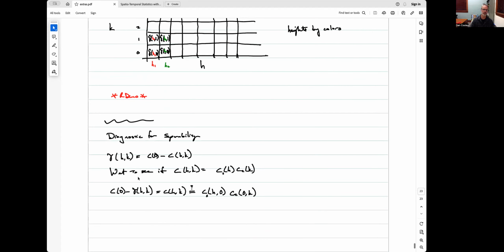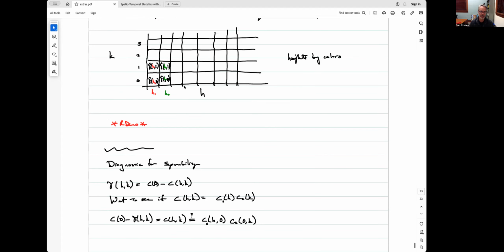And that's what I'm describing very briefly down here. We know that our variogram is C0 minus C(h,k). So if I move the C0 over to the other side, I could say C0 minus gamma(h,k) equals C(h,k).